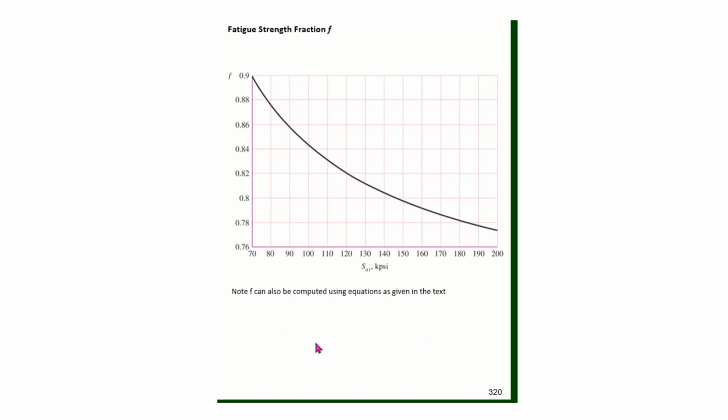The ultimate strength for this problem is 100 kpsi. So I come into the table at 100 kpsi for my SUT, and I can pull off the value of little f as 0.84, and it's about a quarter of the way up, so I would call this 0.845.